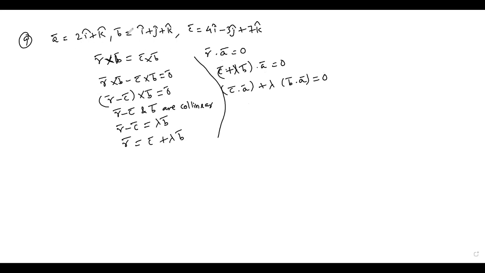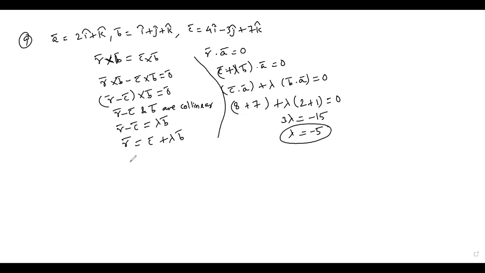C dot A, if we do C dot A, i coefficient 2, here 4, that is 8. k coefficient 1, here 7, that is 7. Lambda into dot product between A and B, 2 into 1, that is 2. k coefficient 1. This is how much? 15. 3 lambda is equal to minus 15. Lambda equal to minus 5.